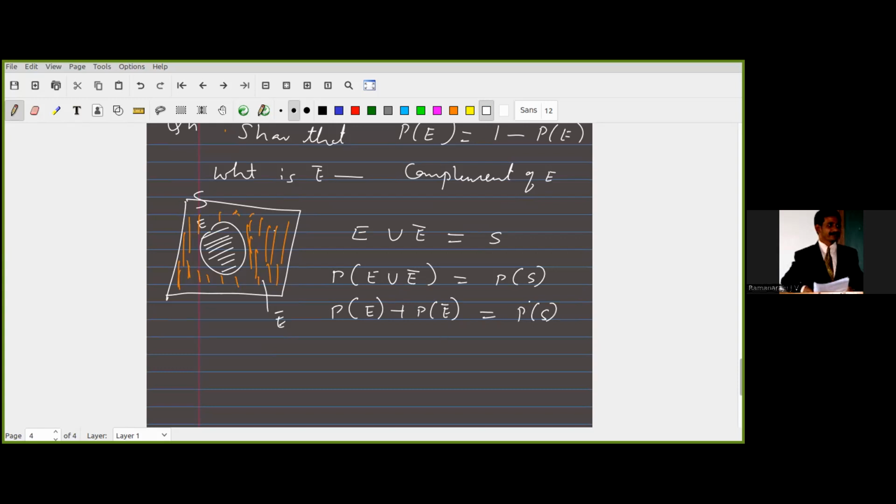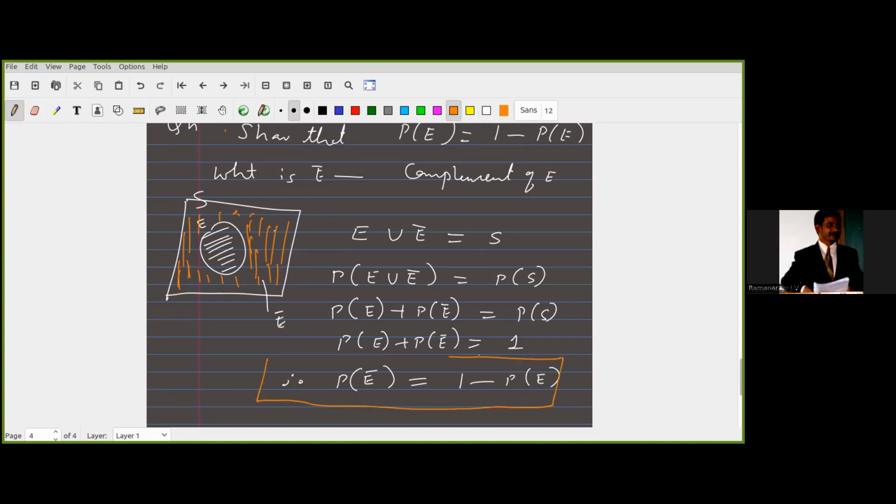But we know that P of S is 1. So P of E plus P of E bar is equal to 1. Therefore, P of E bar is equal to 1 minus P of E. It's a very simple proof.